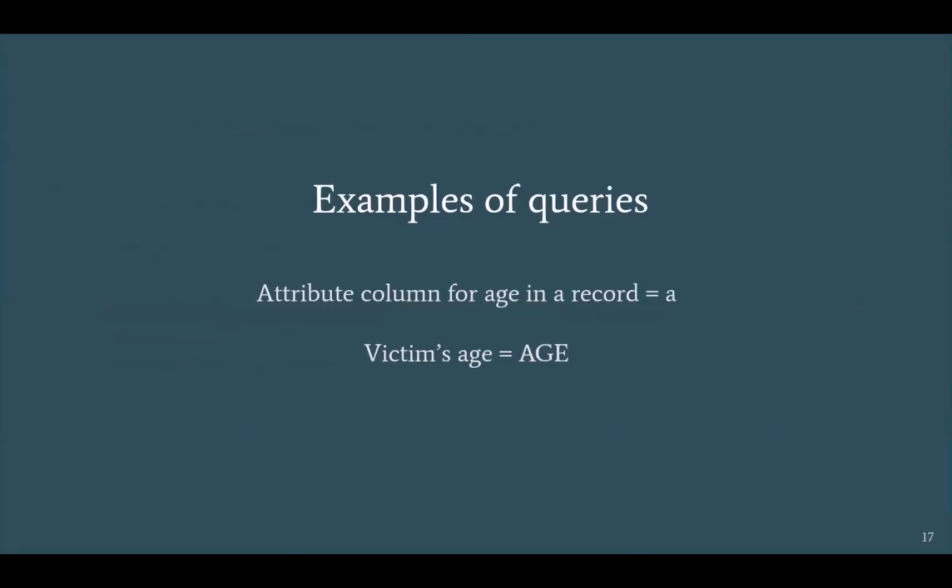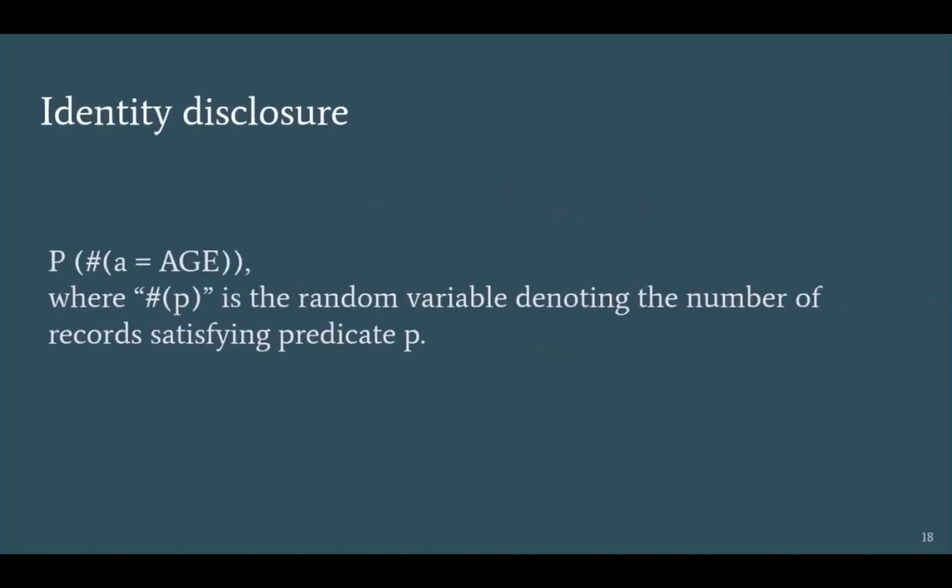I will show you some examples of queries. And here the attribute column for age in the record is denoted as A, where the victim's age is denoted as capital H. So for the identity disclosure, this is an example of a query.